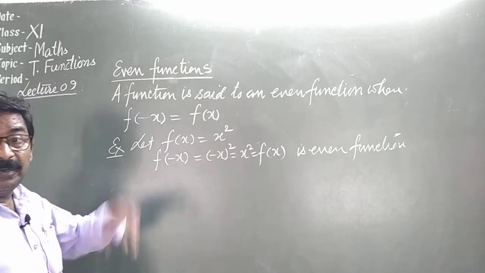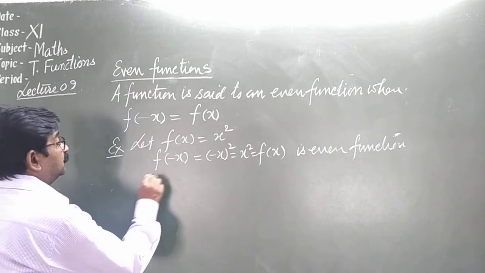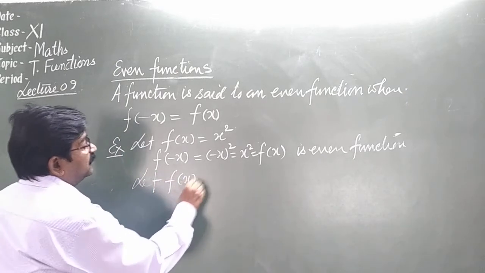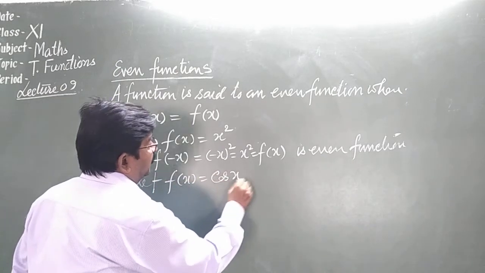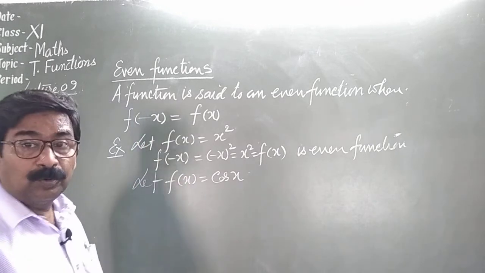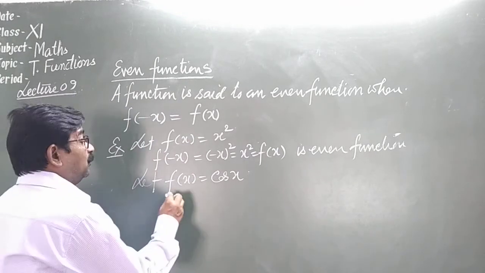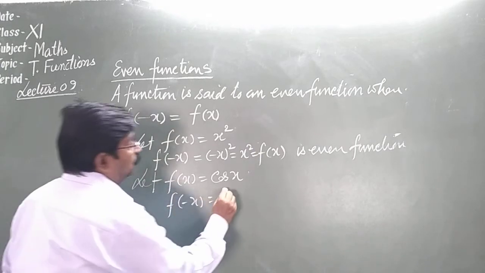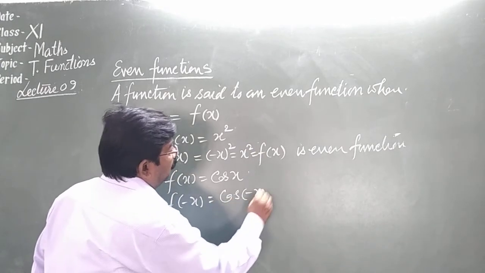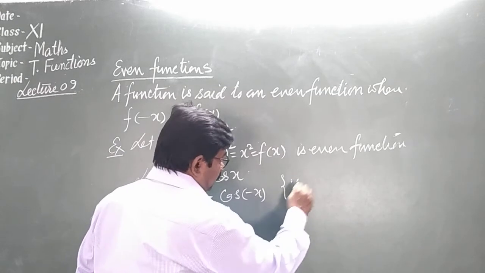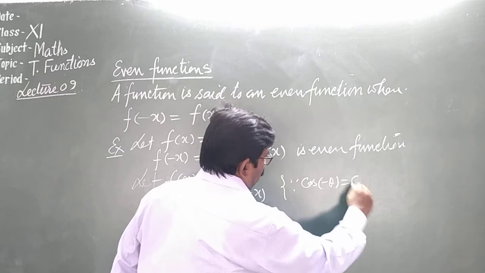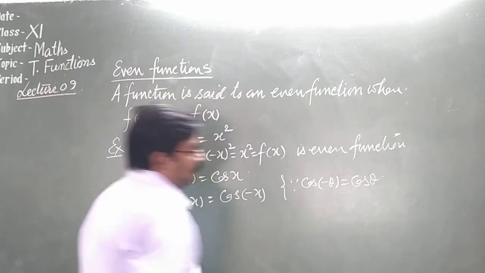Now in trigonometry, let's see. Let f(x) is equal to cos x. Now f(-x) is equal to cos(-x). Since cos(-theta) is equal to cos theta, this is the formula.